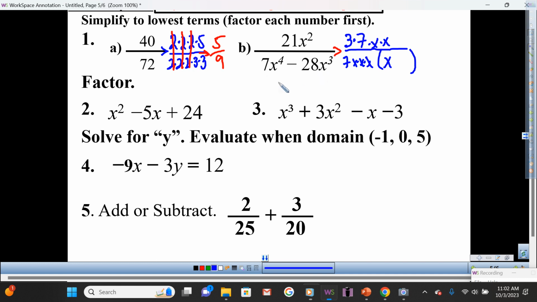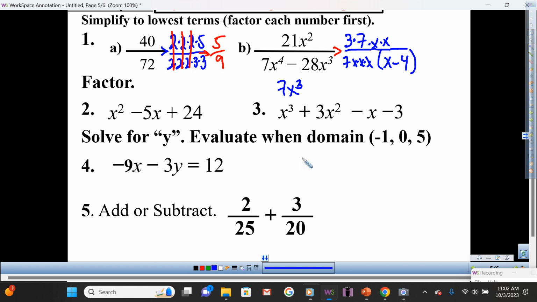What was GCF, guys? 7x to the third, yes? Can we divide by 7 both terms? Do both of them have x to the third? I just wrote it out here in a different way, in factored form. And what's left? X minus 4.